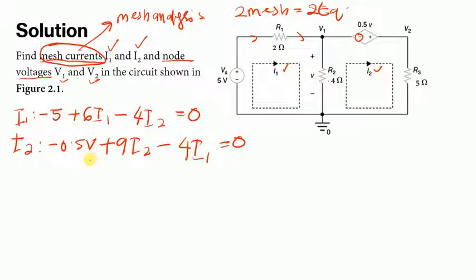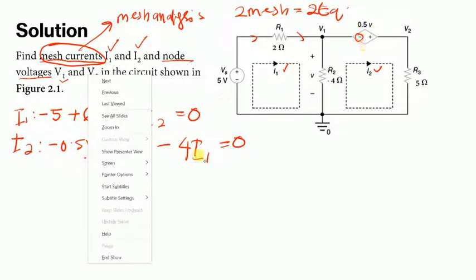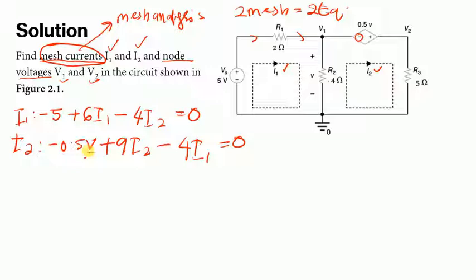Then you have the dependent source, 0.5 V, so you need to find the constraint equation for V. This V here is actually equal to V1. So you can write V is equal to IR2 times R2.